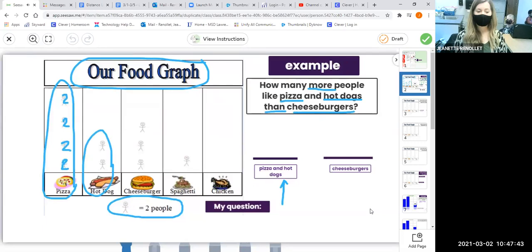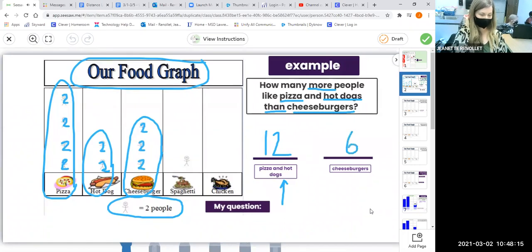I can skip count by 2 to find the total. 2, 4, 6, 8, 10, 12. 12 people like pizza and hot dogs. Now we're going to compare it to cheeseburgers. How many people like cheeseburgers? 2, 4, 6. 6 people said cheeseburgers were their favorite food.